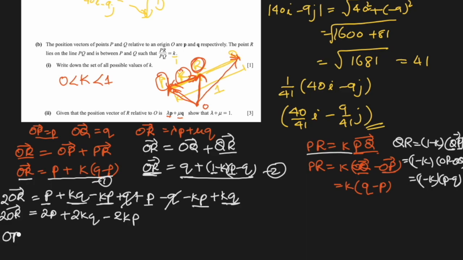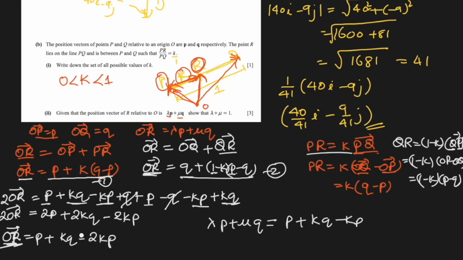Anything else? Everything has been taken care of. So we can see that all of them are multiples of 2. So we can write that OR, dividing all of them by 2, OR is P plus KQ minus KP. OR is given to us as lambda P plus mu Q, equal to P plus KQ minus KP. This 2 is gone.